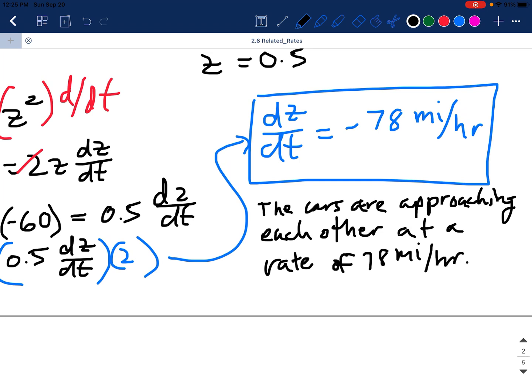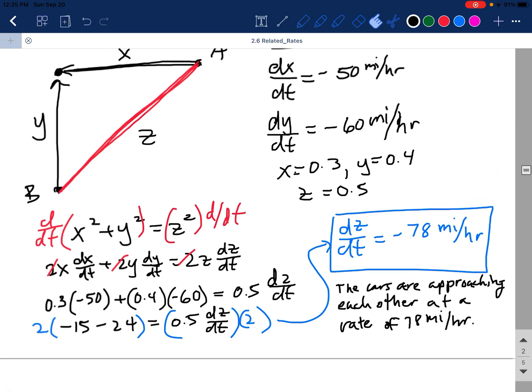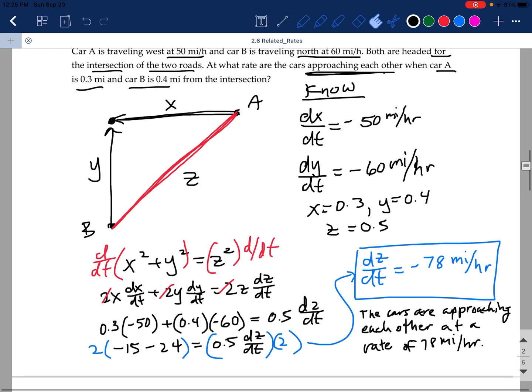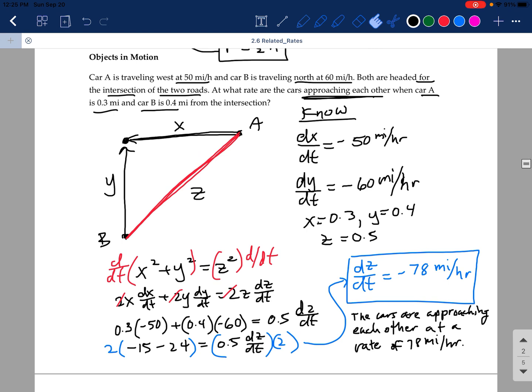Again, giving context to what's actually happening. Okay. So again, another Pythagorean theorem example, but now with all three portions of that equation being variables.